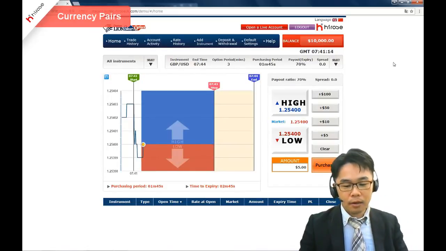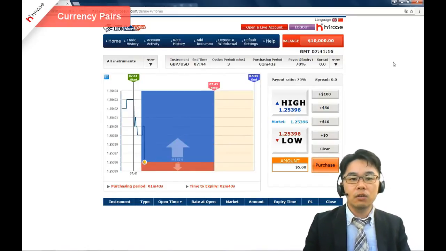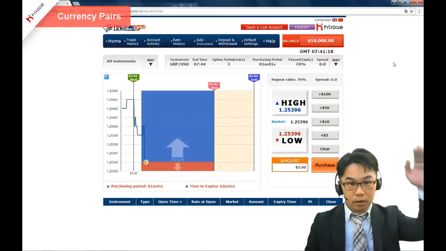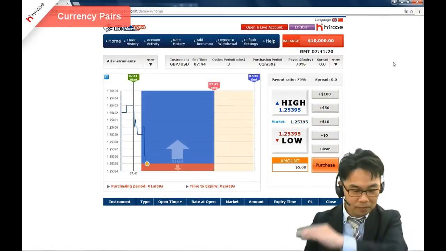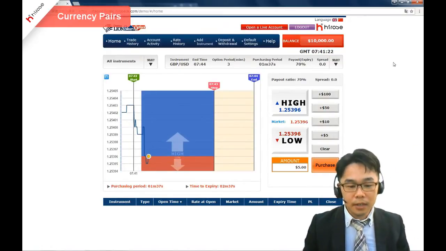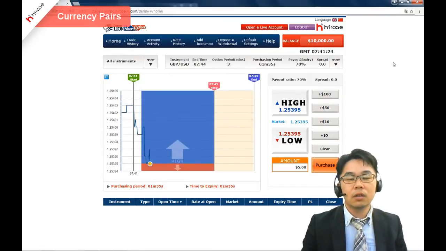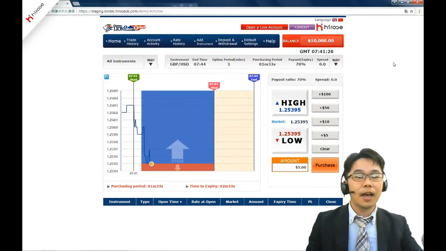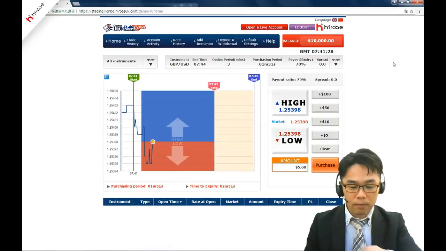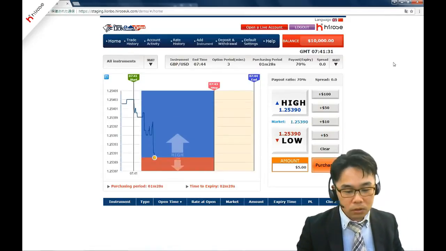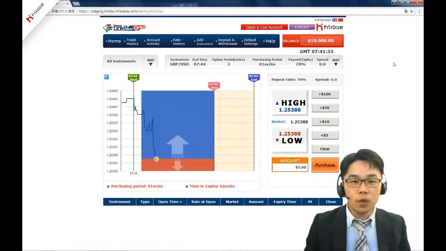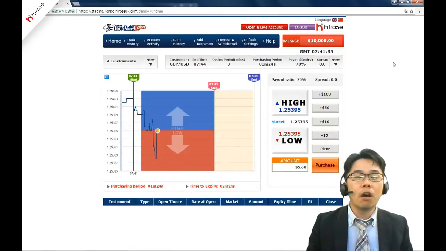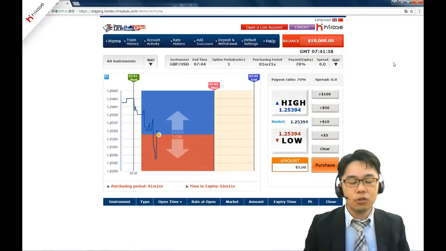In the Japan market, these pairs tend to form a range market. And in European time, these pairs tend to form a trend, either up or down. This is one of the reasons why we offer few pairs and focus on dollar yen and euro dollar.